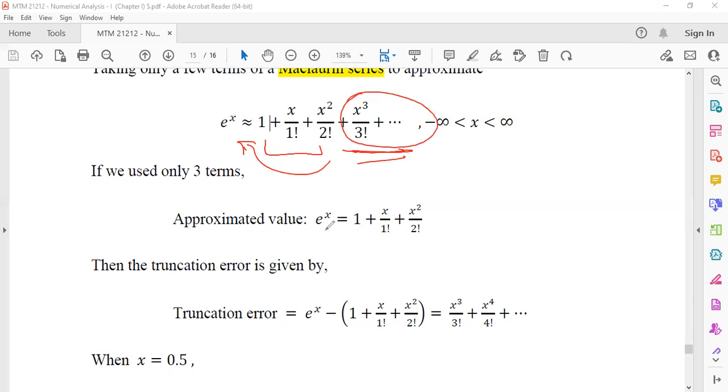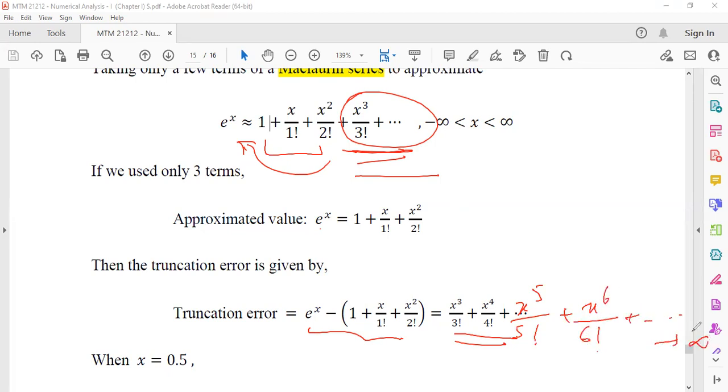So that's what they say. e to the x minus this part will be our error. This is equal to the remaining: x to the 3 by 3 factorial, x to the 4 by 4 factorial. The next one will be x to the 5 over 5 factorial, x to the 6 over 6 factorial, and it goes on up to infinity. We don't know how much, so we put 3 dots. It means it's continuous. That is the idea.